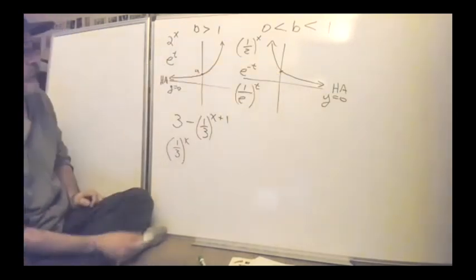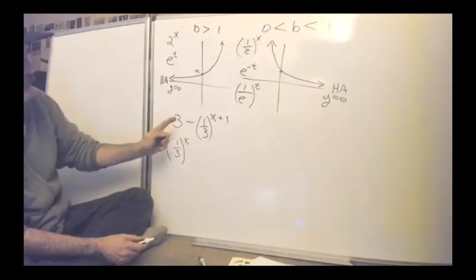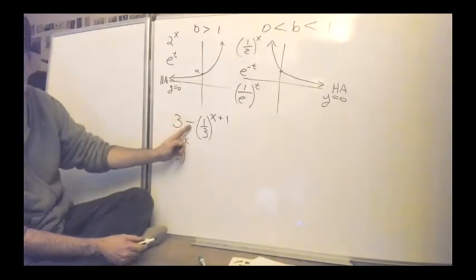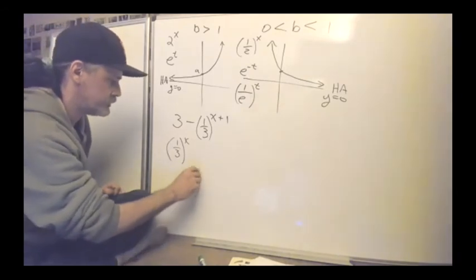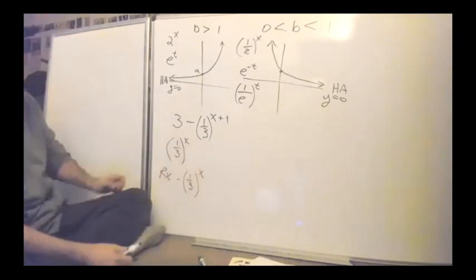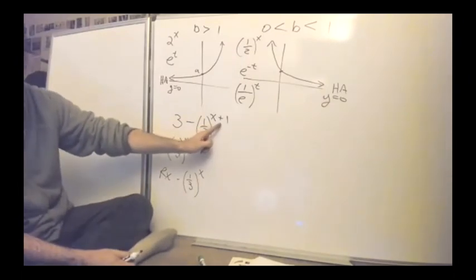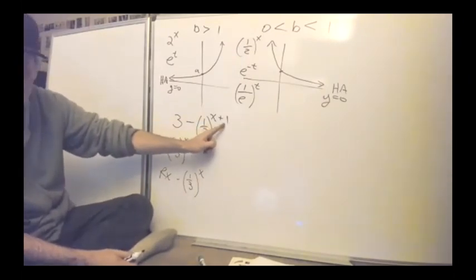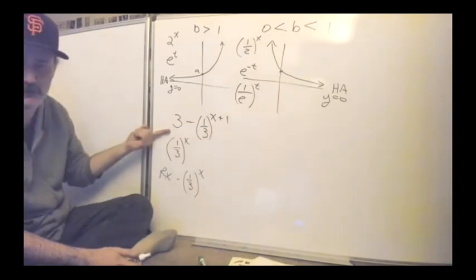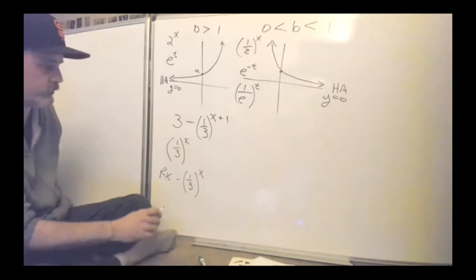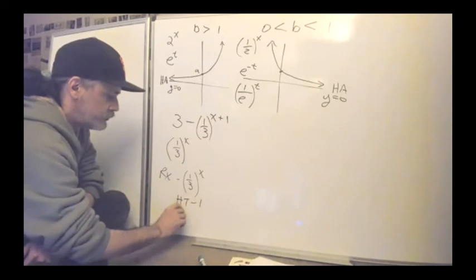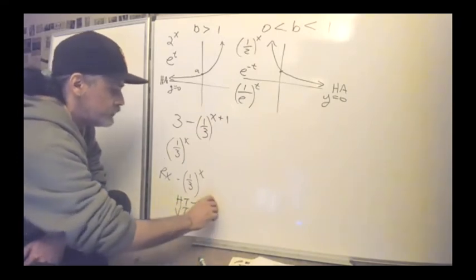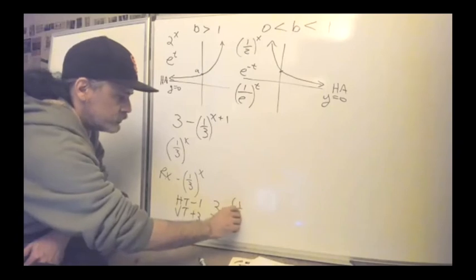Okay, and it looks like next thing would be the fact that that's minus, so that means we're going to change the sign of the output. So then we're going to have reflection across the x. And then we got a horizontal translation. This is going to be to the left, -1. And then we got a vertical translation up 3. Okay, so horizontal translation -1, vertical translation +3. And I'm just combining those into one step.